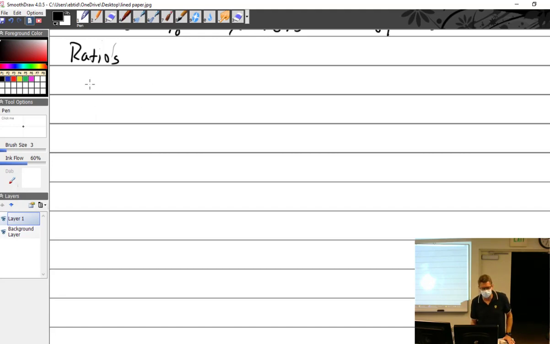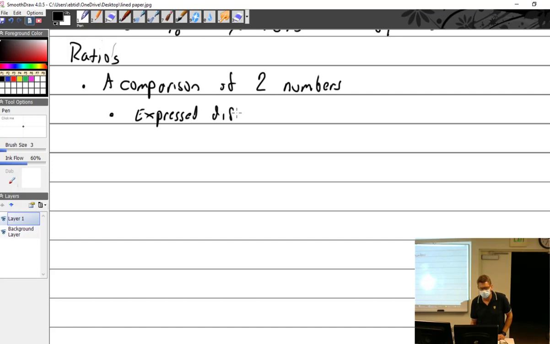So ratios. A ratio is a comparison of two numbers. It is actually expressed in different ways, though. We could have a fraction, which is kind of a ratio, like 5/7.